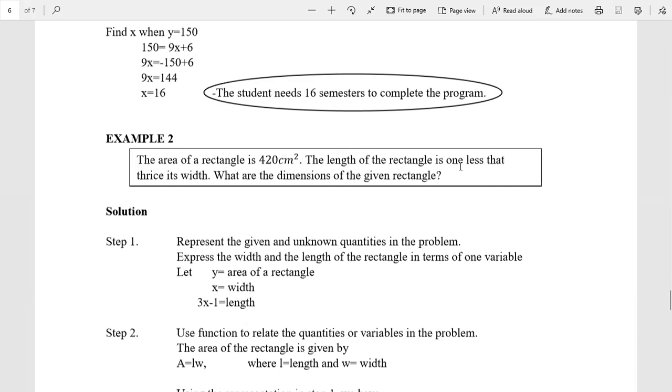The length of a rectangle is 1 less than thrice its width. So what are the dimensions of the given rectangle?